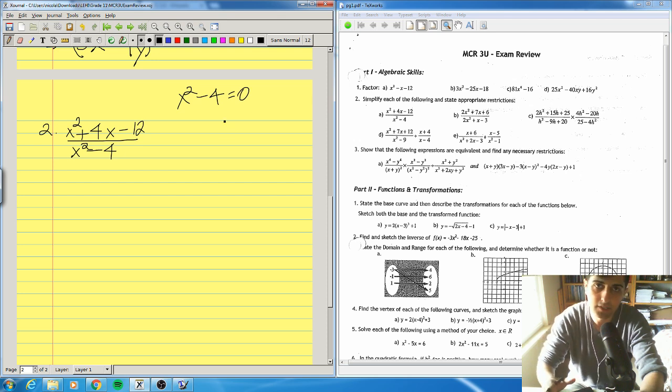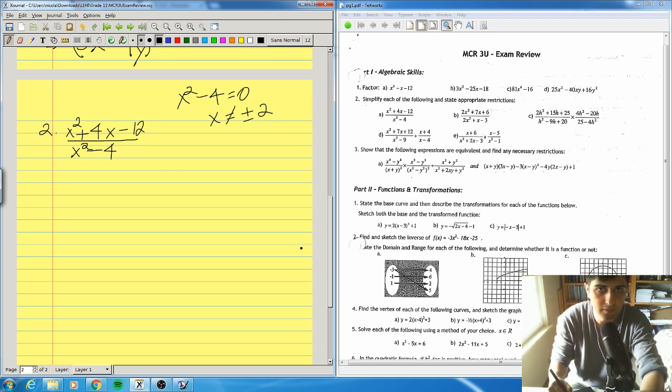Whatever x values make the bottom equal 0, that's a restriction on the variable x. So in this case, we have x squared minus 4 equals 0. You set it equal to 0 and solve for x, and you get x equals plus or minus 2. So x cannot be 2, and it can't be negative 2. Now you can factor, and you'll see one of the factors cancel out to simplify it.